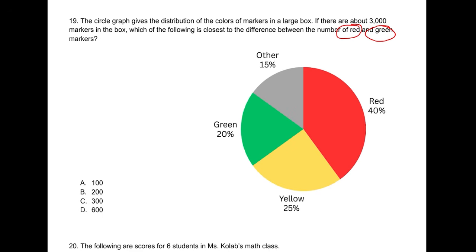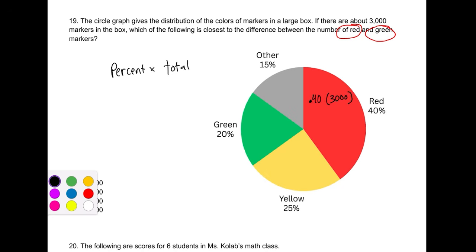The way that we can calculate that is by multiplying the percent by the total amount of markers. So if we want the number of red markers, we would do 0.40, that's 40%, times the total, which is 3,000. 40% of 3,000 is 1,200. So there's 1,200 red markers.